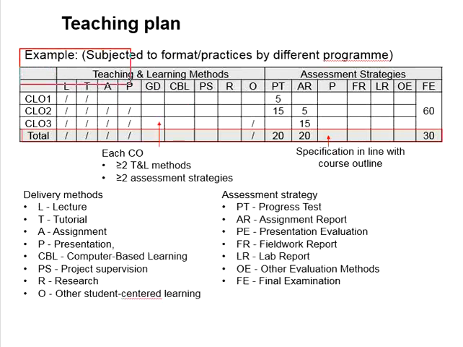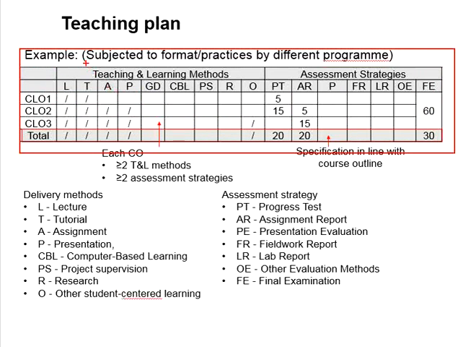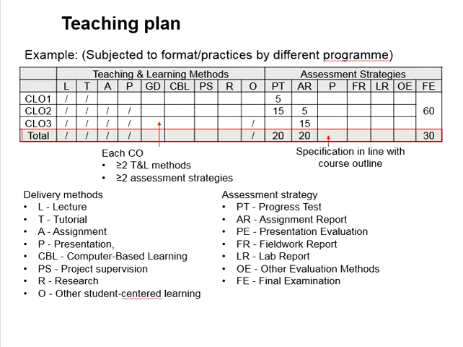This is the typical planning in terms of the teaching and learning method as well as the assessment strategies. Let's say now this course has 3 course outcomes. When you design your teaching and learning methods, it shall be based on the course outcome.